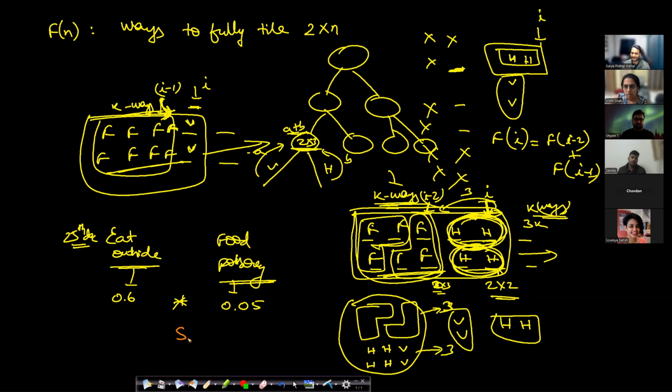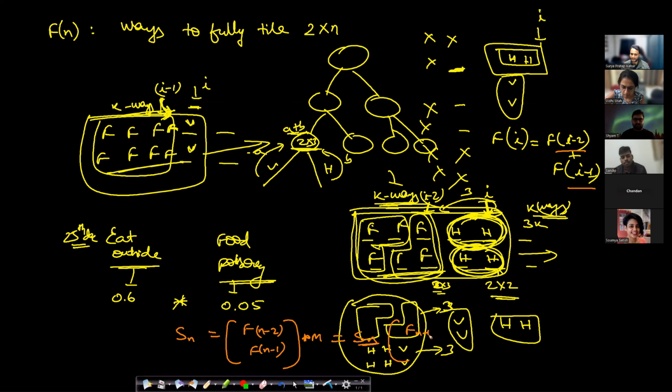S of n minus 1 can be f of n minus 2, f of n minus 1, because on the RHS you write all the unique things. Then you reach S of n by multiplying with M, so S of n is going to be f of n minus 1, f of n.